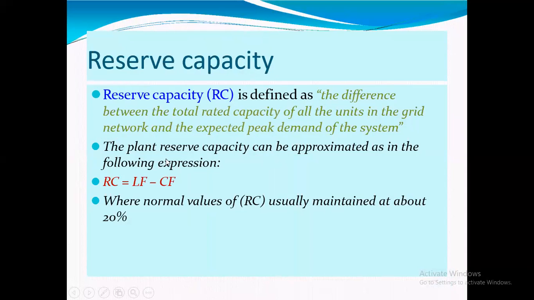The plant reserve capacity can be approximated by the following expression: reserve capacity equals the load factor minus the capacity factor. From this difference we get reserve capacity, where normal values of reserve capacity are usually maintained at about 20%.